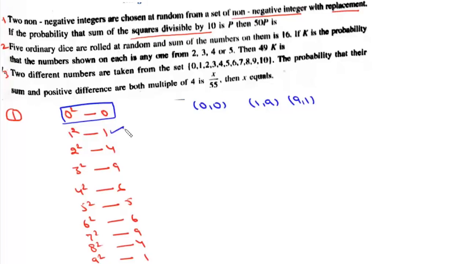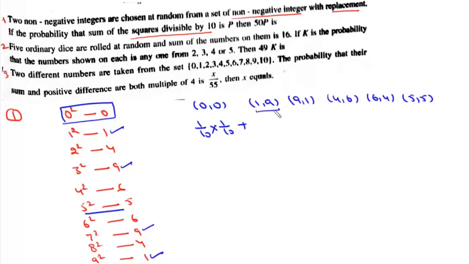Or it will be this 4, 6 and 6, 4. And then we also have this 5, 5. Now if it is 0, 0, now 0 is 1 by 10. Choosing another 0 is 1 by 10.